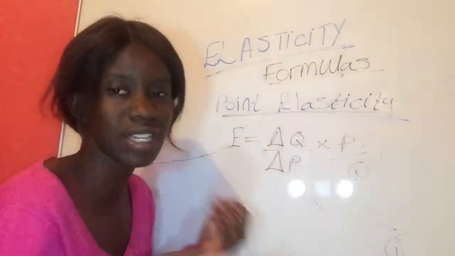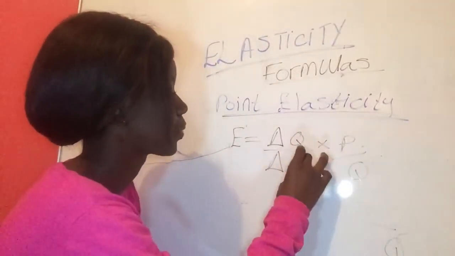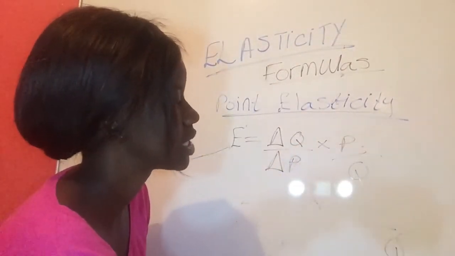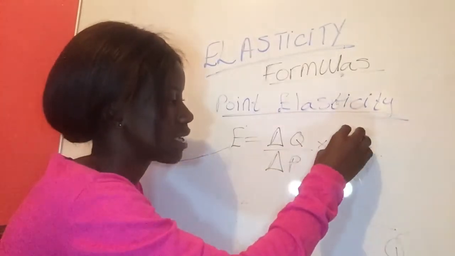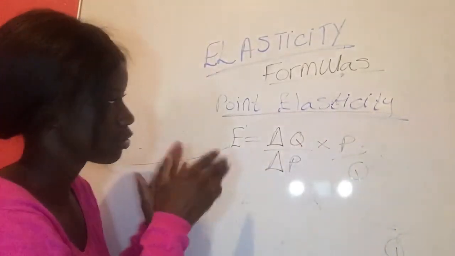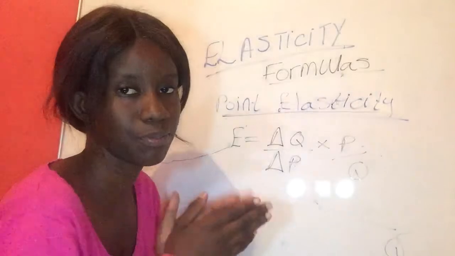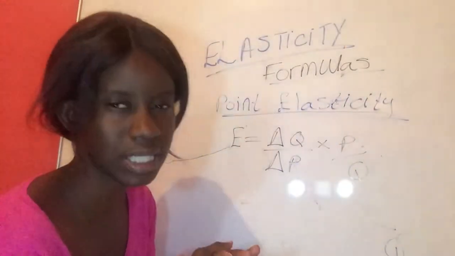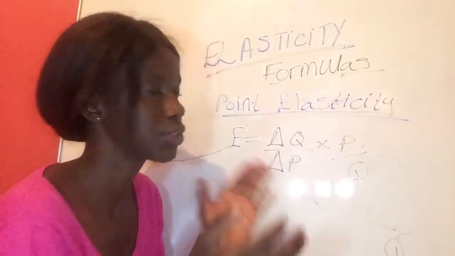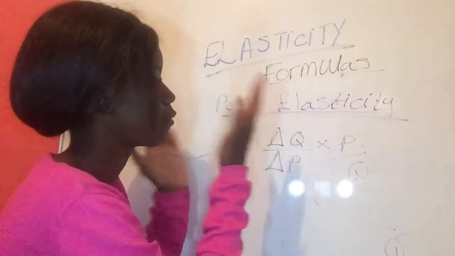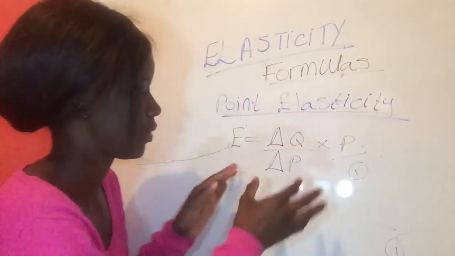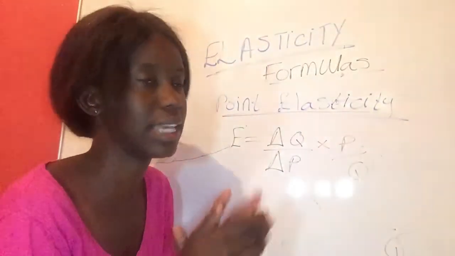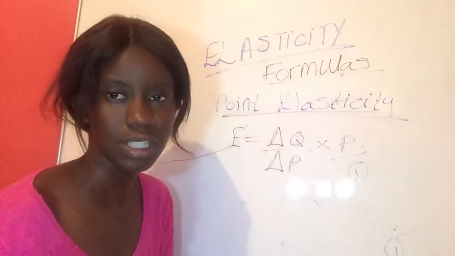If you're dealing with income, this would be I. If you're dealing with cross price elasticity, this would be maybe the price of X and this would be the quantity of Y. So this is the formula for point elasticity. I would say point price, but it can also be income. Let me just erase it and then we go to the second formula.